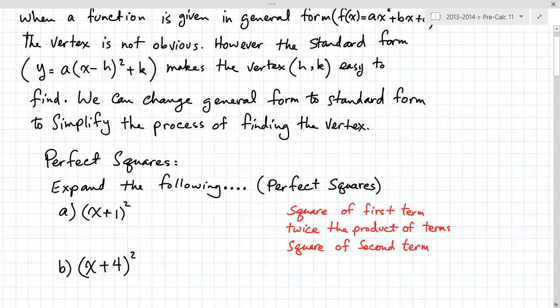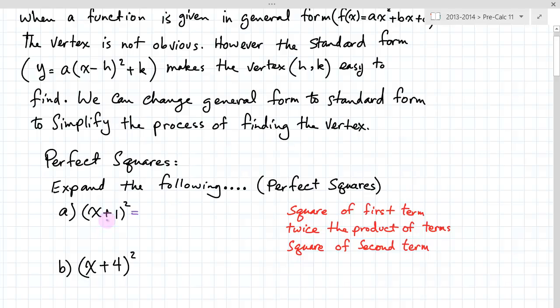We're going to start by performing the perfect square, right? So we want to expand the following perfect squares. One thing we can do, which is kind of grade 9-ish, is to FOIL this, to go x plus 1 times x plus 1 and then FOIL it.